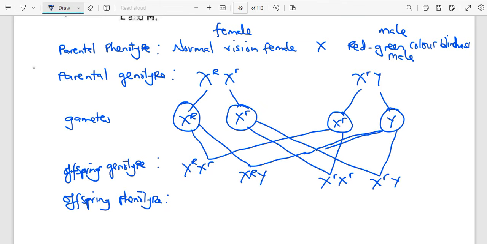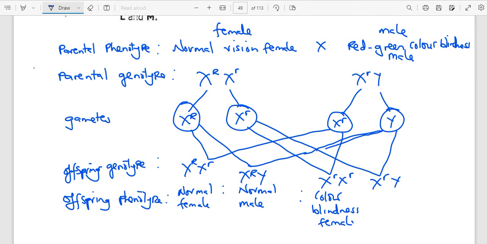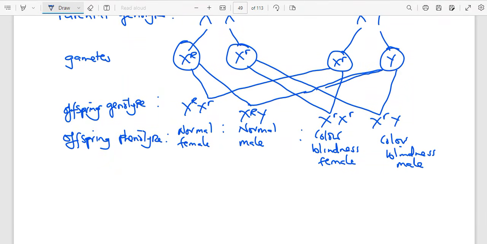Here this is normal female, and here we have normal male, and then here we have color blindness female, and then here we have color blindness male.